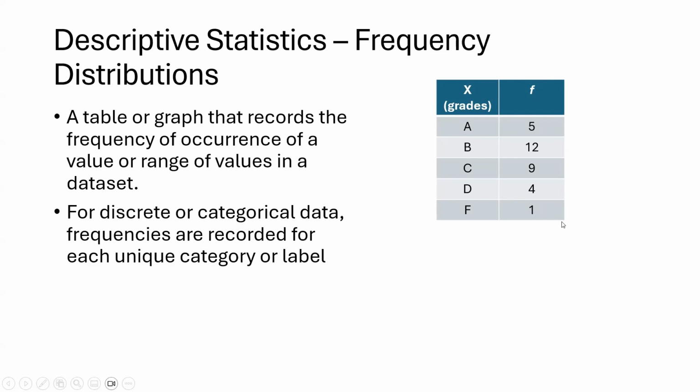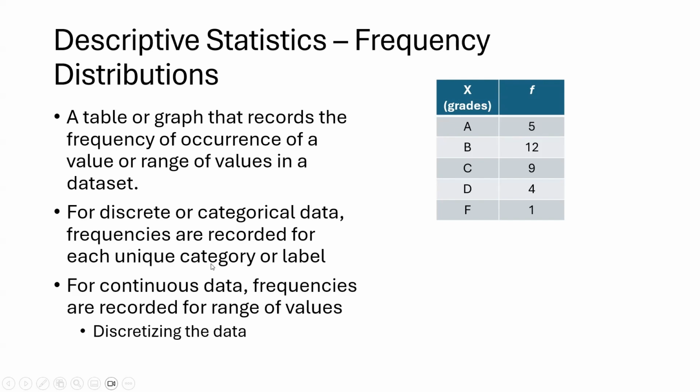And here we have recorded the frequencies. So this means that the data set contained 5 A's. There were 12 B's, C were repeated 9 times, then 4 D's and 1 F also. And when we add all of these values together, it is going to give us the total size of the data set. This is the counts or the frequency of each class or each category here, in this case of the categorical data.